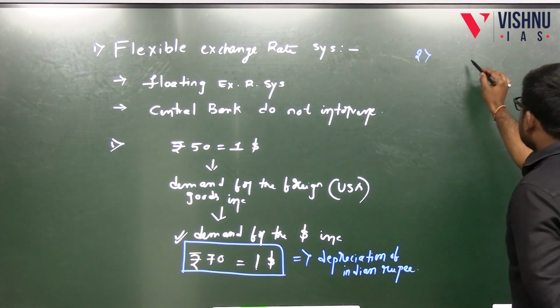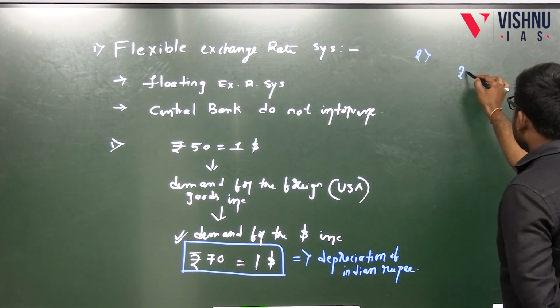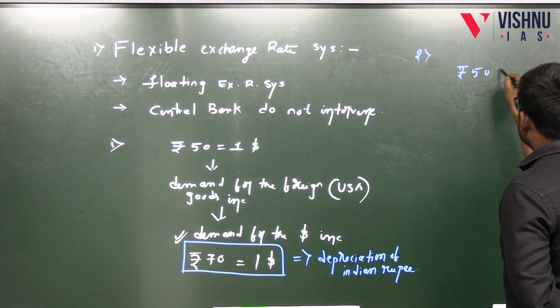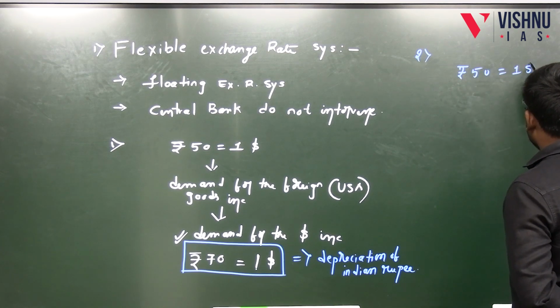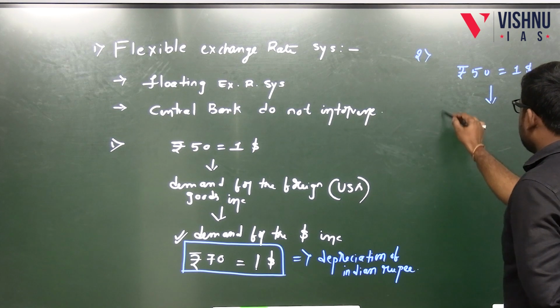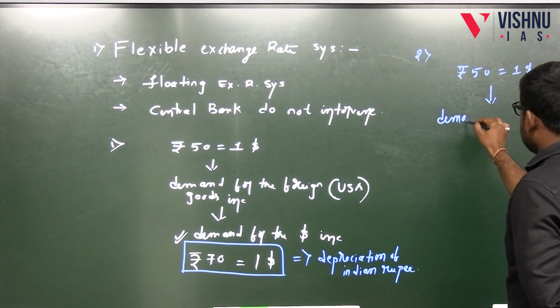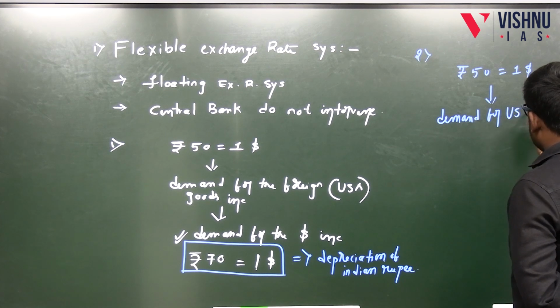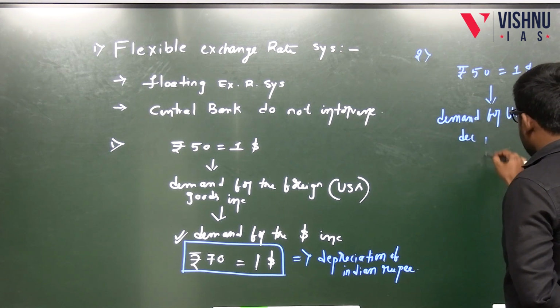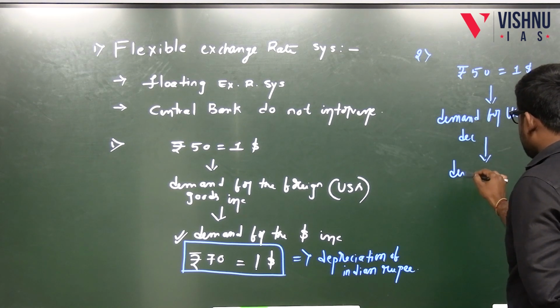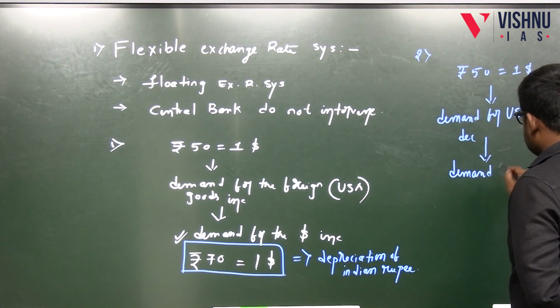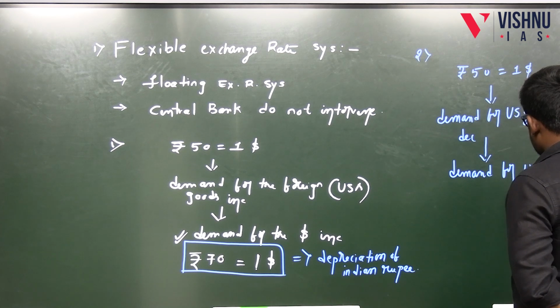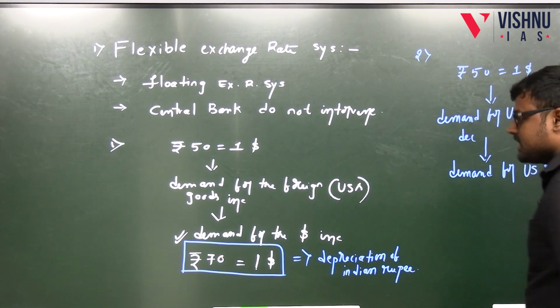Suppose 50 rupees is equal to $1 initially, and demand for US goods decreases. That means the demand for US dollars decreases.